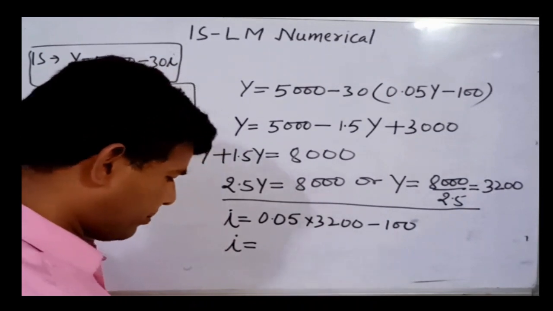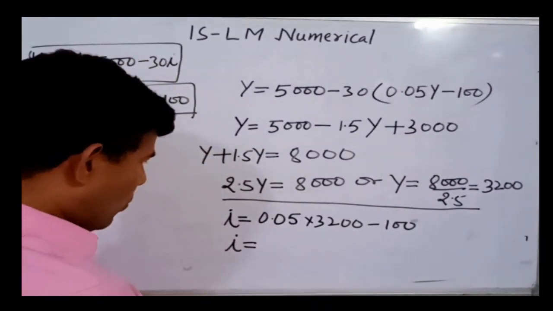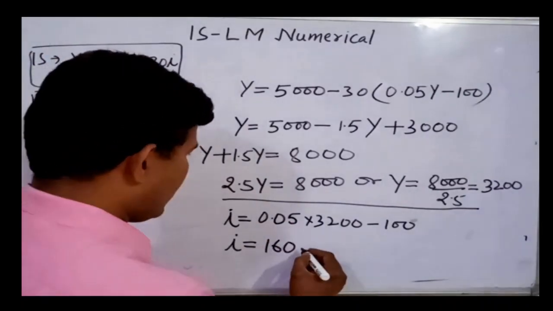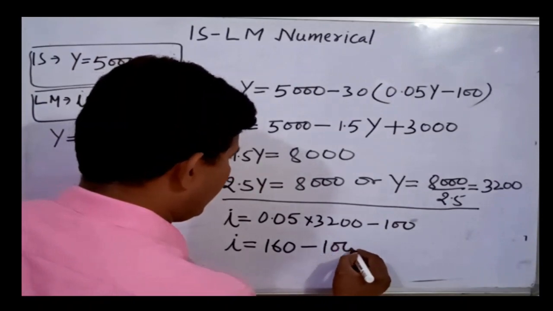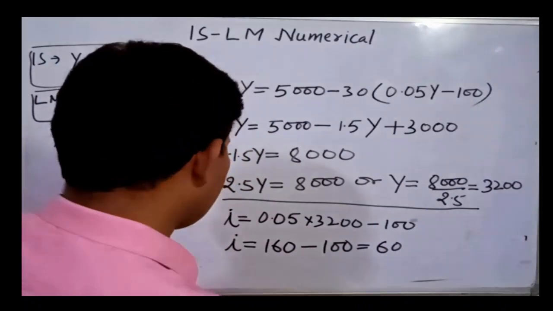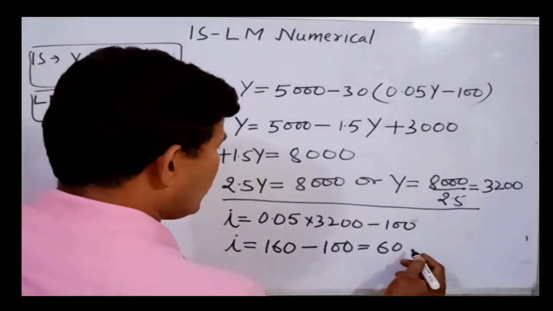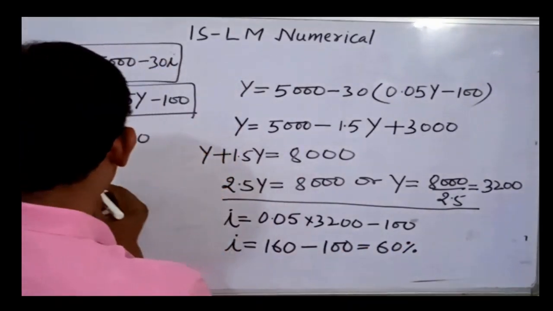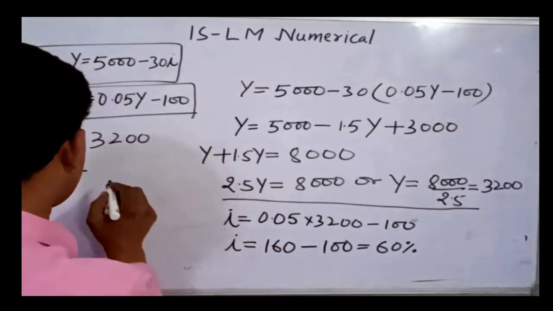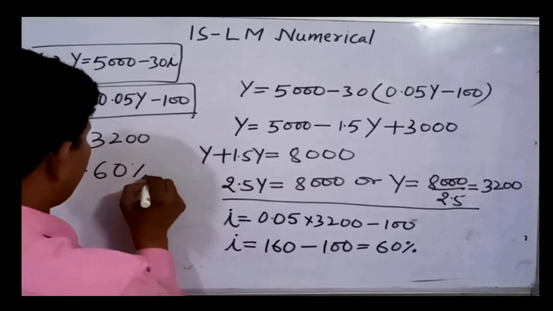You get 160, minus 100, and that gives you 60, right? Generally we express interest rate in terms of percentage, so it is nothing but 60%. So we get the equilibrium interest rate here as 60%, right?